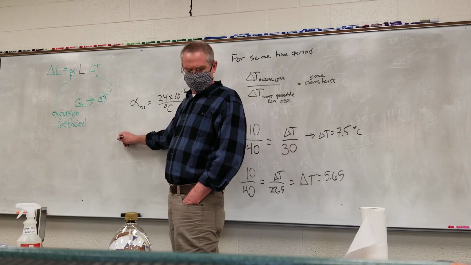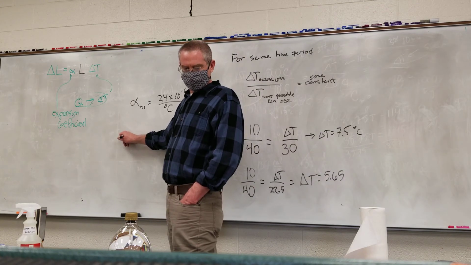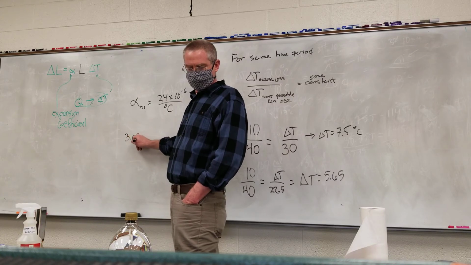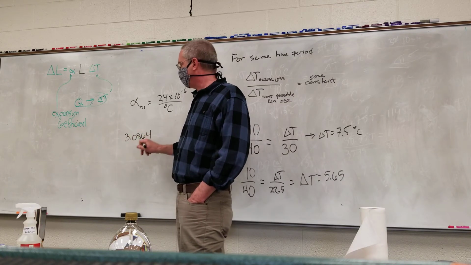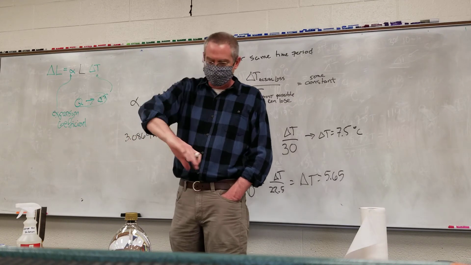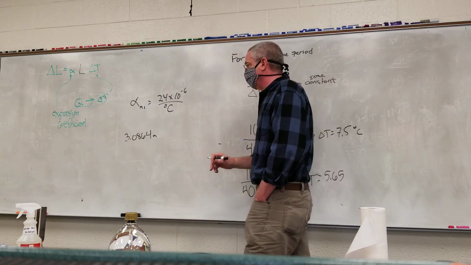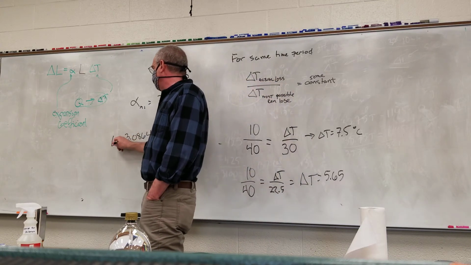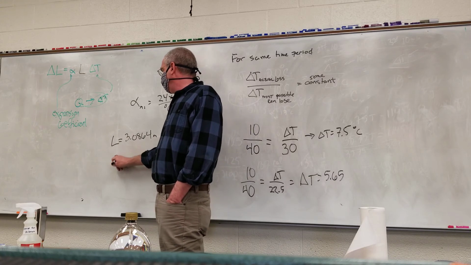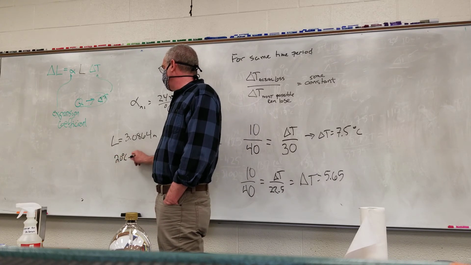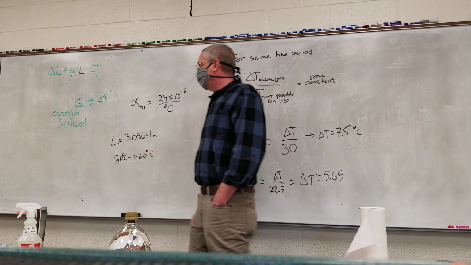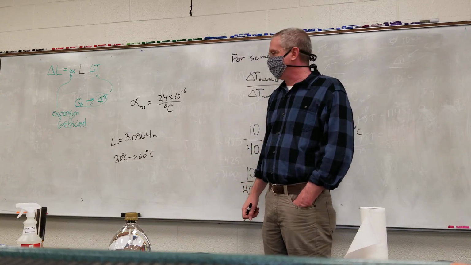So if I have an aluminum rod, 3.0864, this number comes from an earlier part of this exercise, which I'm skipping over right now. So let's say the original length is this. I heat it from 20 degrees Celsius to 60 degrees Celsius. How much does it expand?